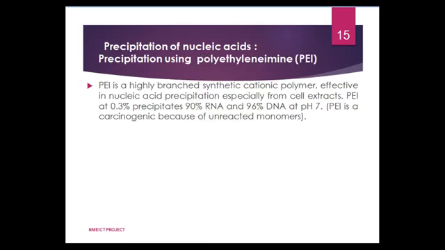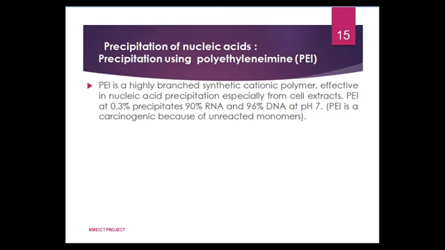Another is precipitation using polyethyleneimine, shortly called PEI. PEI is a highly branched synthetic cationic polymer, very effective in nucleic acid precipitation, especially from cell extracts.